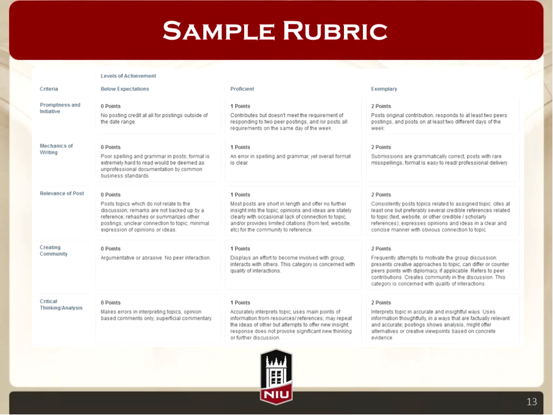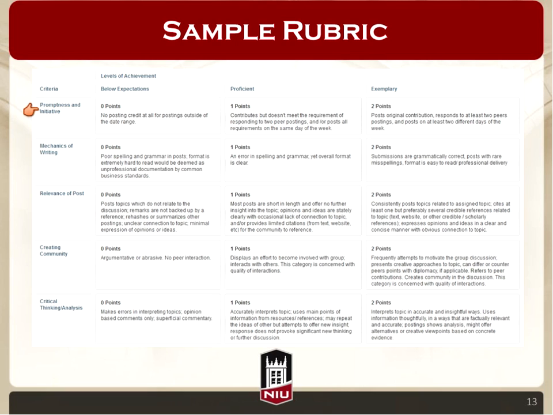As I mentioned, there are a series of columns. You'll notice the heading here of criteria. Each of these rows represents a criterion that this faculty member specified. And these columns represent different levels of achievement. Here we have below expectations, proficient, and exemplary.